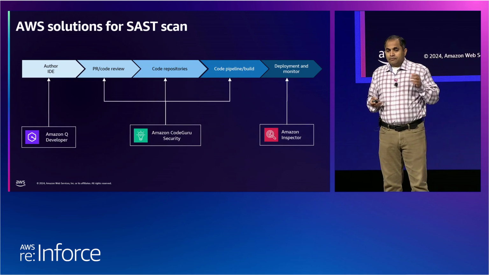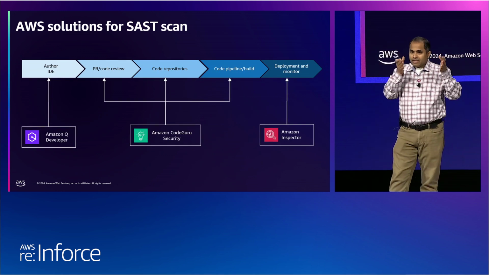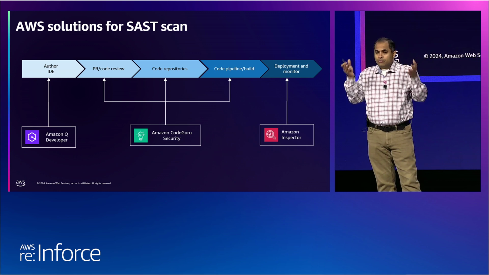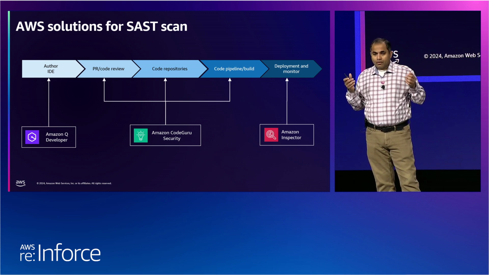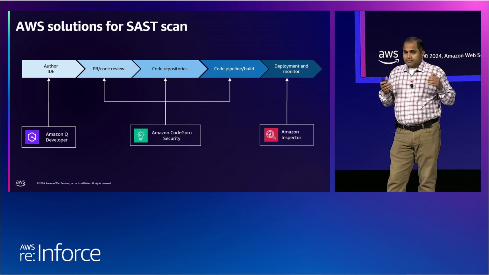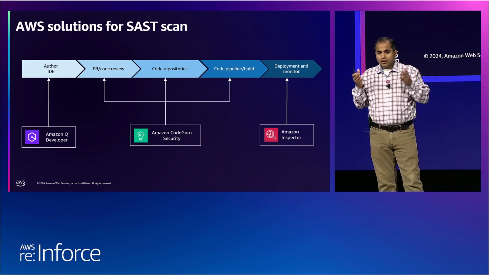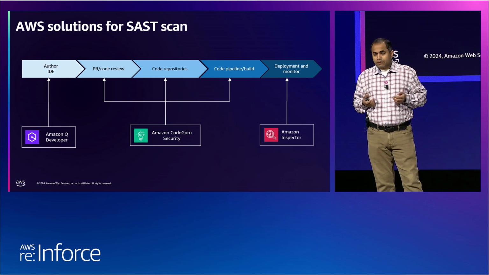What we have done here, since like I talked about, at every stage of the software development lifecycle you need to make sure your code is secure. So we have built a SAST scanner for all these different use cases. Within the IDE, you can use Amazon Q Developer, which has an inbuilt security scanning feature.